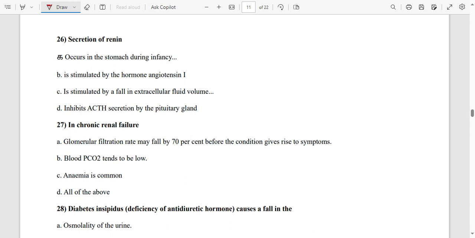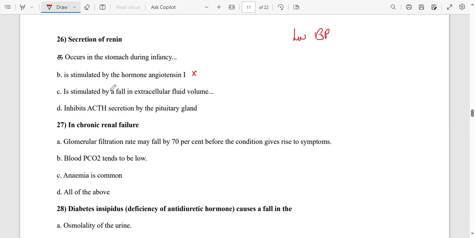Okay. B, stimulated by the hormone angiotensin 1. Now, renin will convert angiotensinogen into angiotensin 1. So it's not angiotensin 1 which is affecting the secretion of renin. What happens is that when there is low blood pressure, low BP is going to cause the secretion of renin.